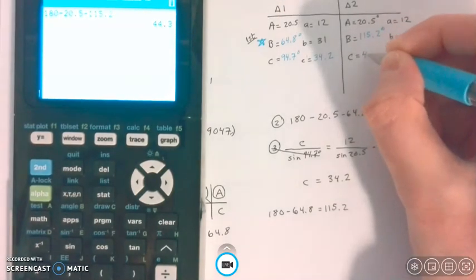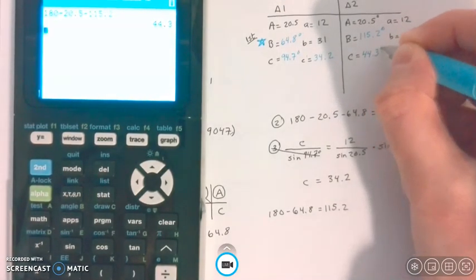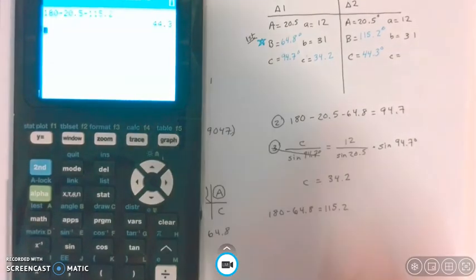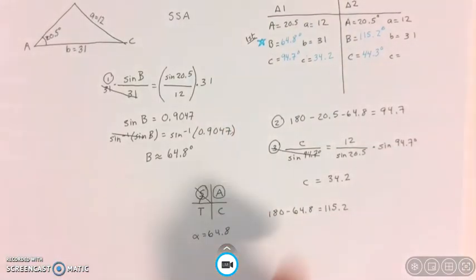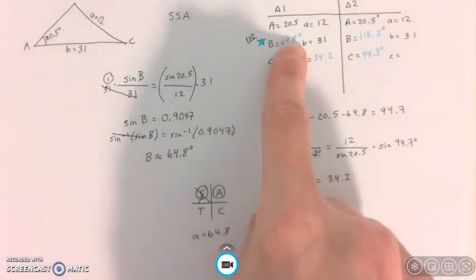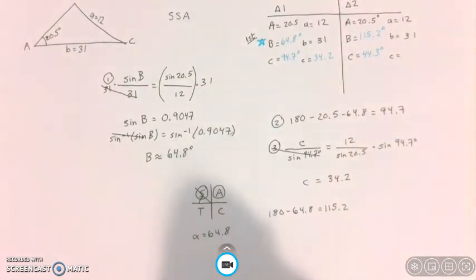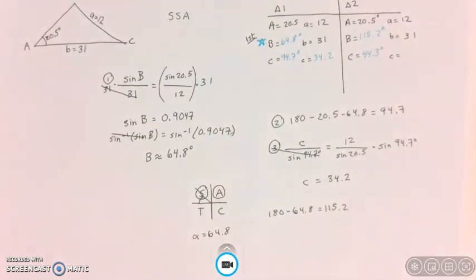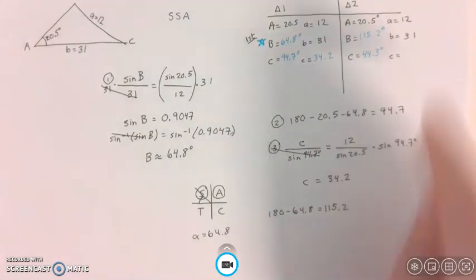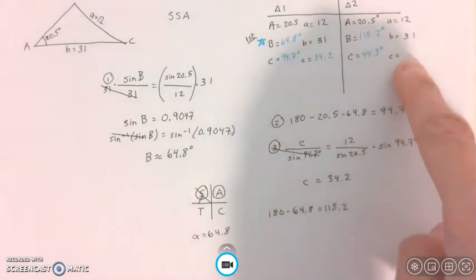So basically there are enough degrees to make that third angle when B is the other possibility, which we figured out by doing 180 minus the first angle, which we called our reference angle. So now that we know that a second triangle does exist, because all of this does add up to exactly 180, we're going to have to find that new side for C.